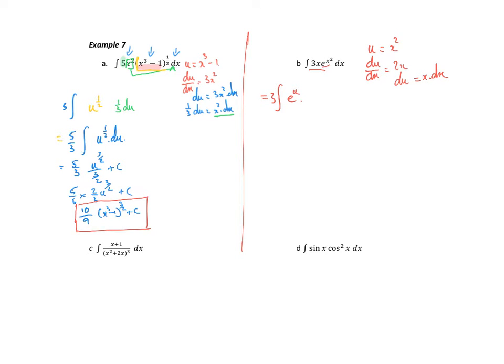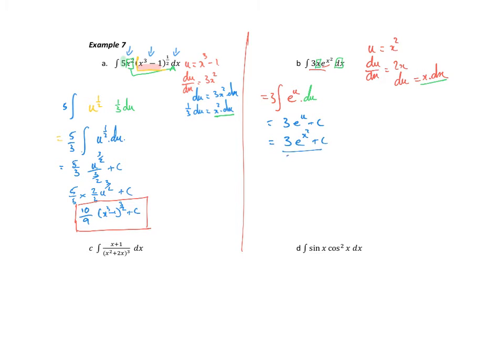And then the x dx is there, and that's just du. So now I've got a relatively straightforward function to anti-differentiate. The antiderivative of e to the u is just e to the u. So that's equal to 3 e to the u plus some constant c. And u is equal to x squared.